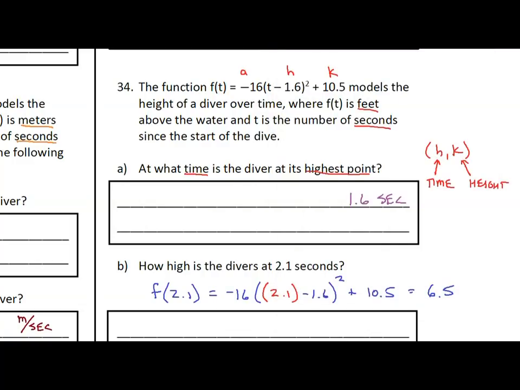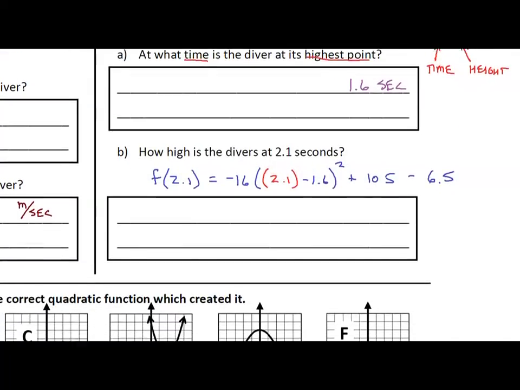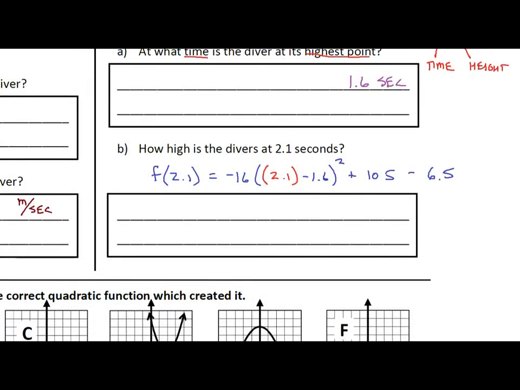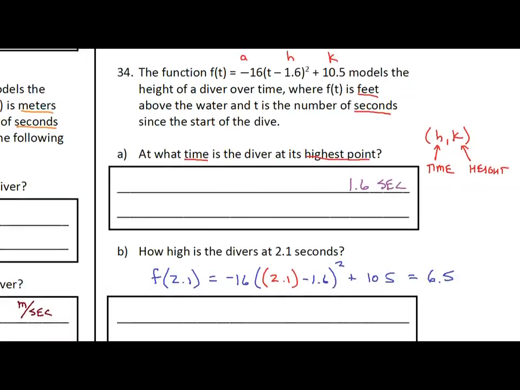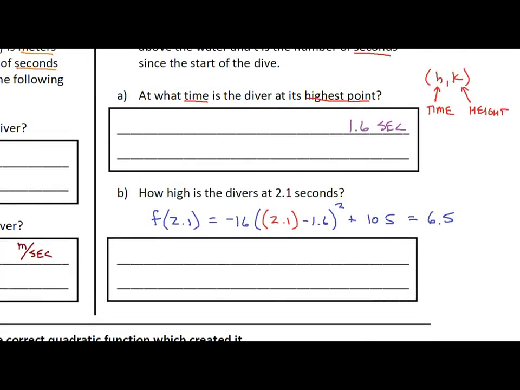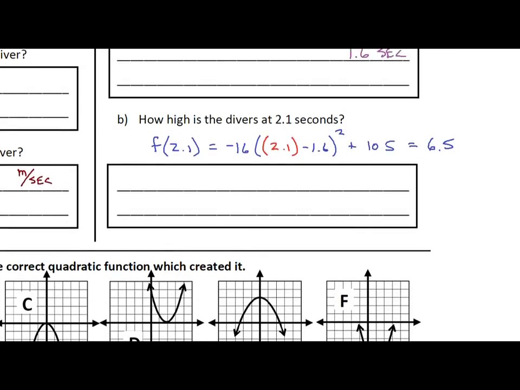Got it. So you're going to write that as a complete sentence. You can say at 2.1 seconds, the diver is 6.5, and I think that's going to be meters. Let's see. Nope, 6.5 feet above the water. There's your final answer on that one.